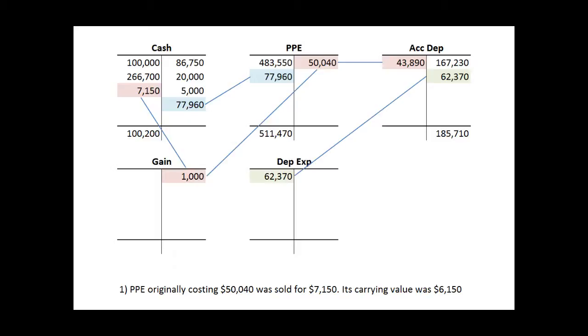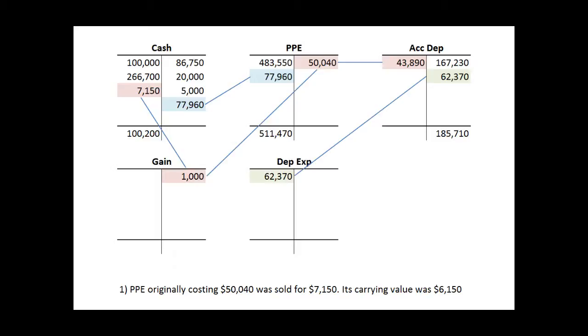I'm going to need a calculator for this bit. 50,040 plus 1,000 minus 7,150 gives us accumulated depreciation of 43,890. If we were to compare these two numbers, that'll be a difference of 6,150, which is what they said its carrying value was. We could have done it the other way, but either way, this is the depreciation which is gotten rid of.